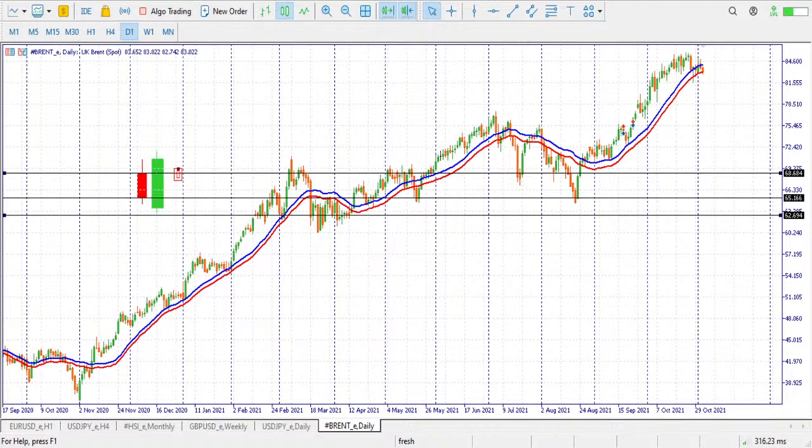Okay, I'll repeat that again. For example, assuming you enter a buy here, your take profit should be at least the size of the body of this green candle here. And if you enter here, your take profit should be at least the size of the body of this candle.